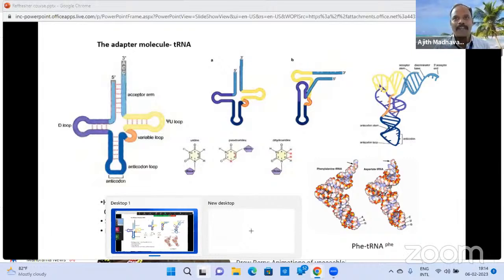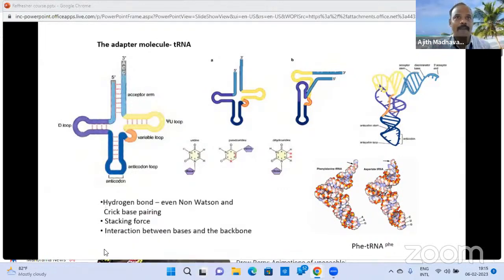Now you know that, as I mentioned in the rho-independent termination discussion, there are complementary sequences. If there are complementary sequences, they come together and form a stem loop structure. So you can see they form a complex stem loop structure. So the primary structure, by complementarily binding sequences, forms a secondary structure.